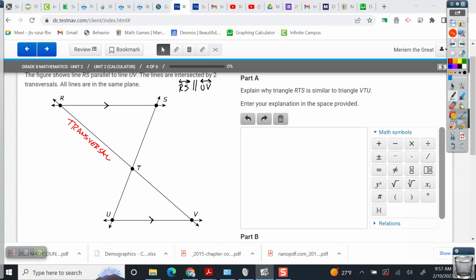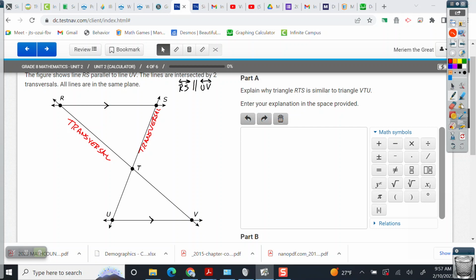As luck would have it, US is too. It is a transversal, line US. So those two lines are transversals.